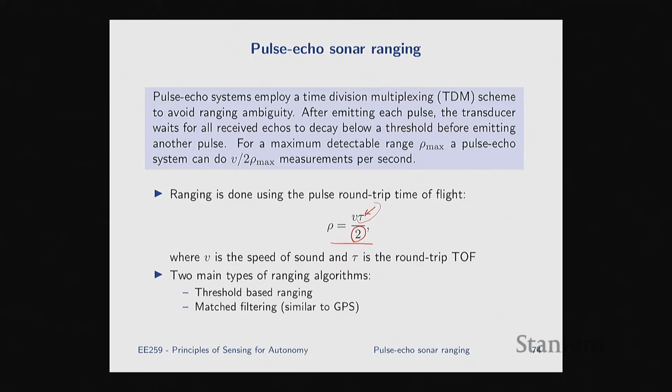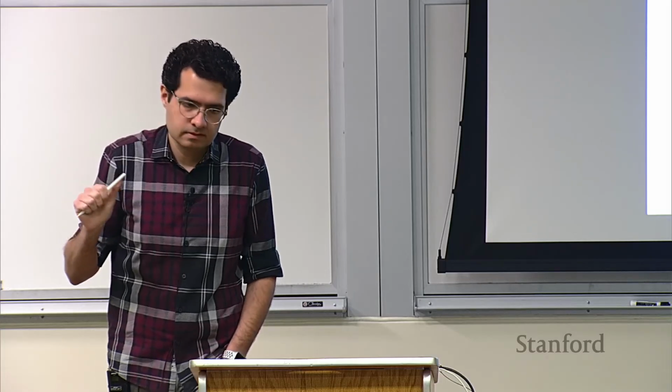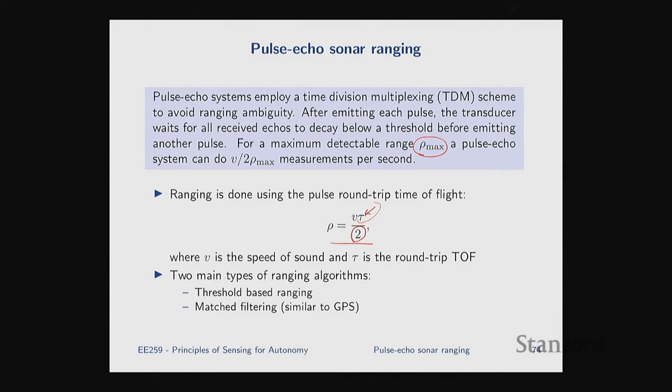Yes? So it sounds like you arbitrarily decide on the rho max beforehand, but isn't it possible that your sound can reflect on a surface that's further than rho, and then it'll be processed in the next set of echoes? Yes. Let me repeat the question. So we decide on some rho max based on some analysis of the physics, and we say that's the maximum range the system can detect.